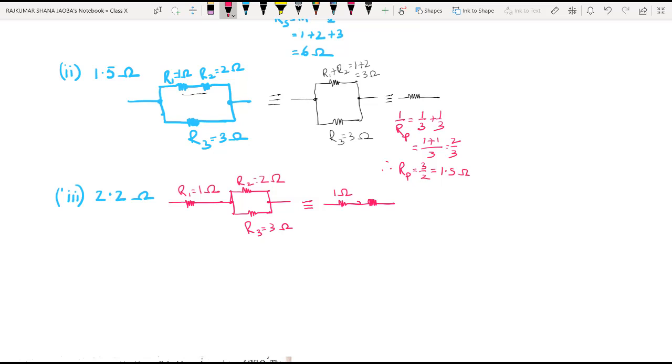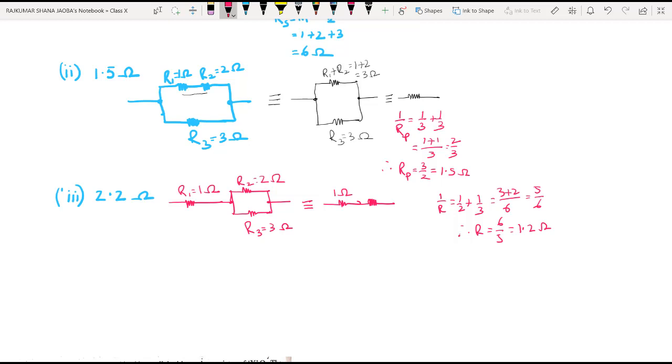2 and 3 are in parallel. So 1 by R equal to 1 by 2 plus 1 by 3, LCM is 6, 3 plus 2, so 5 by 6. Therefore R equal to 6 by 5, that is 1.2 ohms.